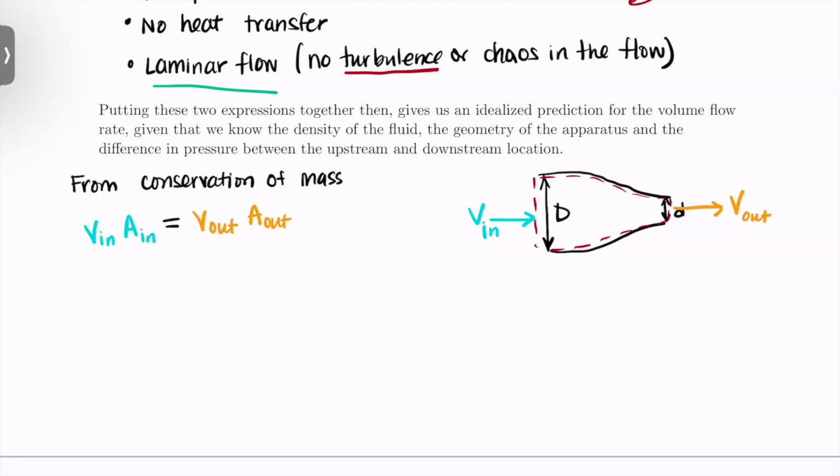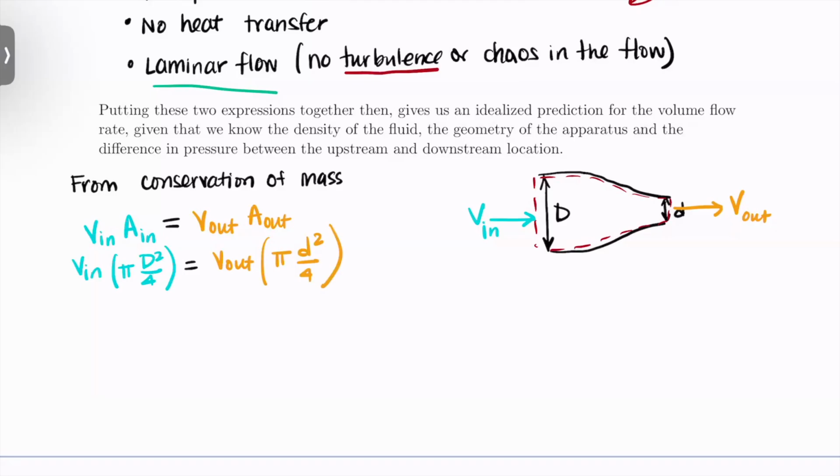Just note that these are circular areas, so we have V in times pi uppercase D squared over 4 is equal to V out times pi lowercase d squared over 4. Everybody with me so far?